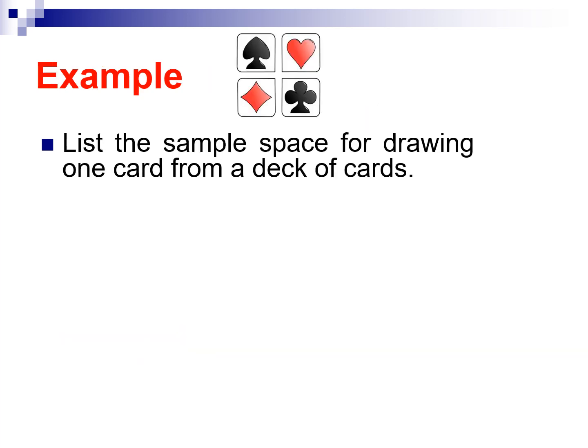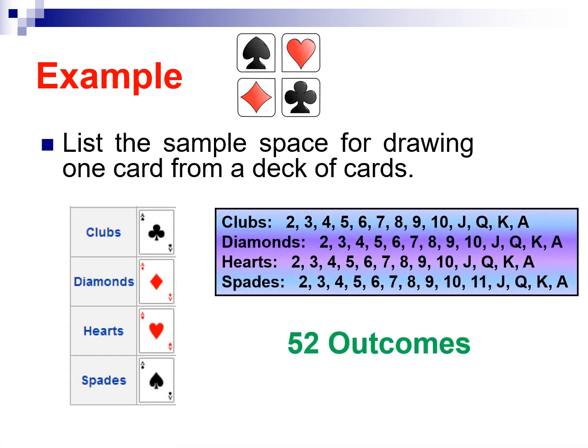So let us have an example. List the sample space for drawing one card from a deck of cards. In here, we all know that we have four different suits when we are talking of a deck of cards: the clubs, the diamonds, the hearts, and the spades.